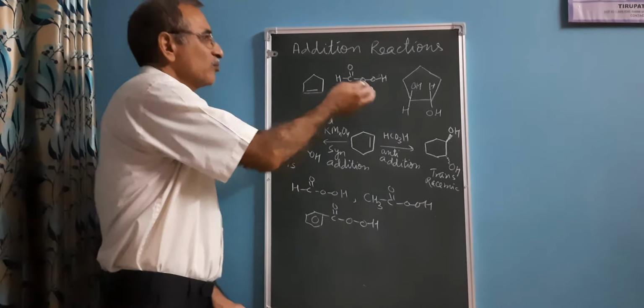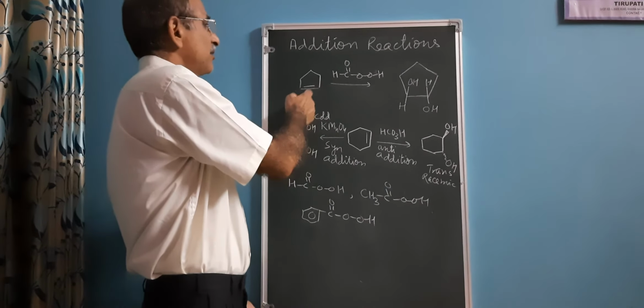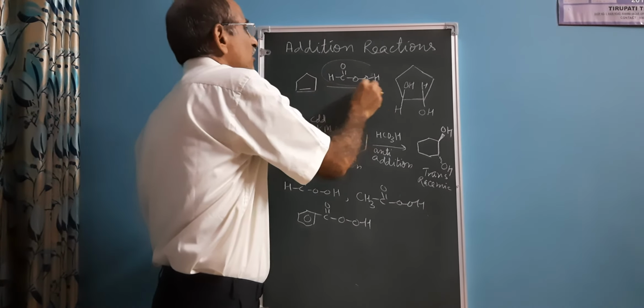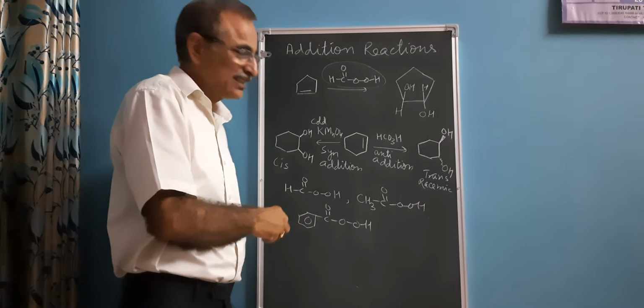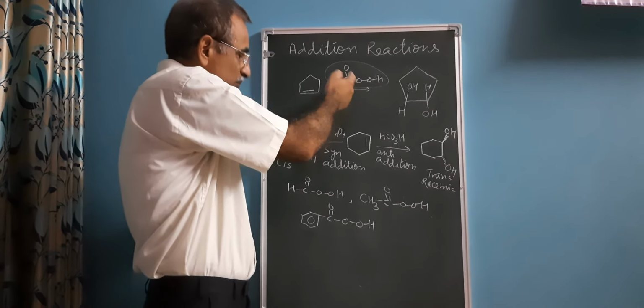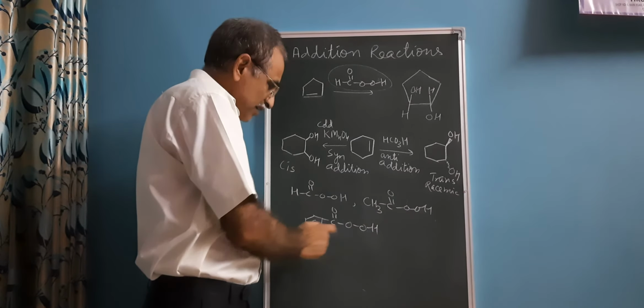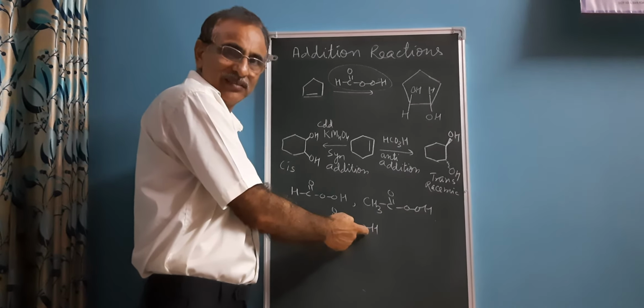Now we are taking some more examples. Here in case of cyclopentene, when you are using performic acid, or in place of performic acid you can use peracetic acid or perbenzoic acid.